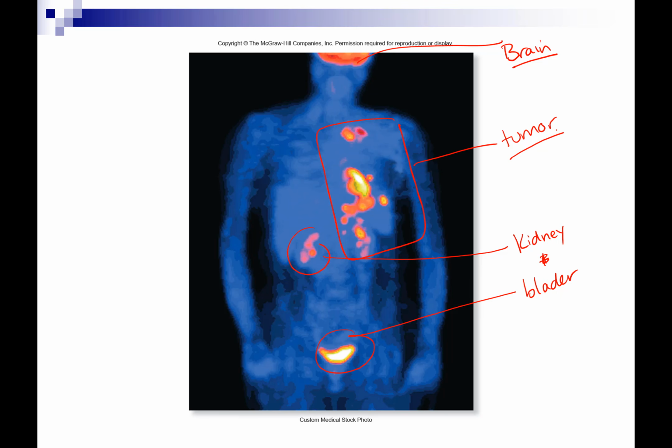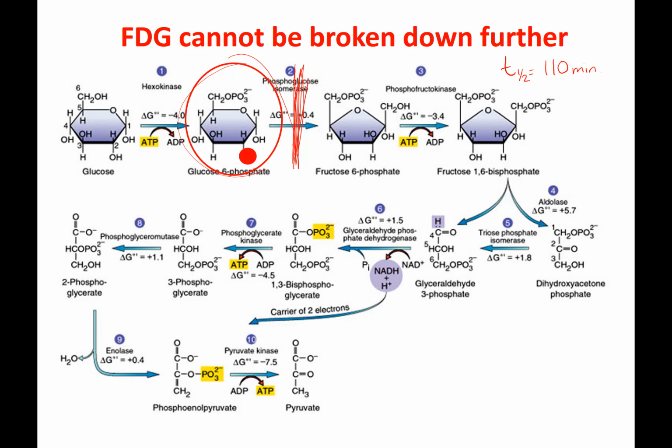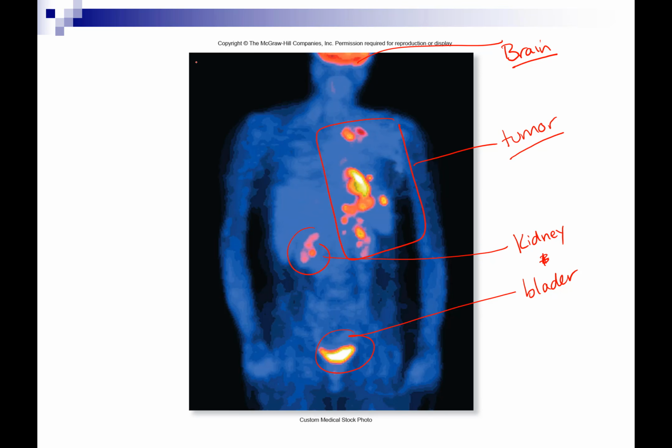So this person has several areas of tumors, and we can tell they're tumors because they're pulling in and accumulating that radioactive glucose, because they're doing lots of glycolysis. And because they're doing so much glycolysis, but it's stopped here, the radioactive molecules accumulate in those organs, or in this case, in those tumor tissues.